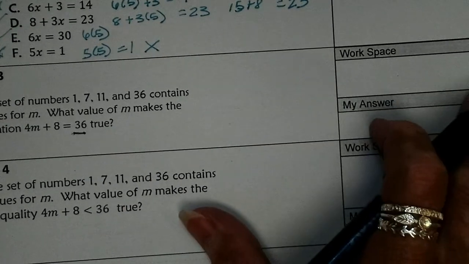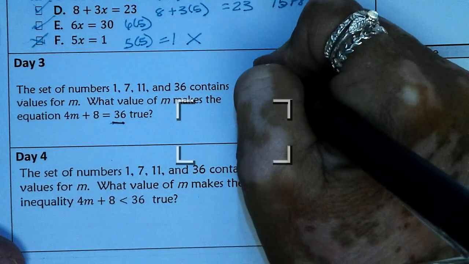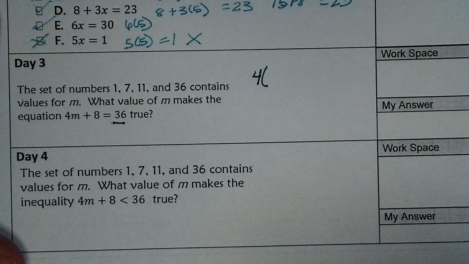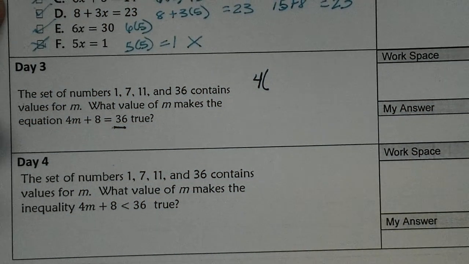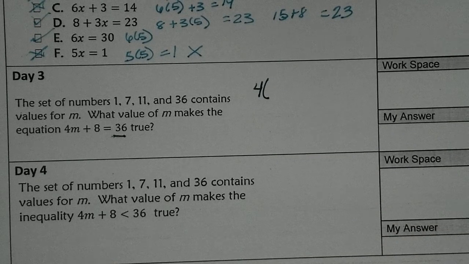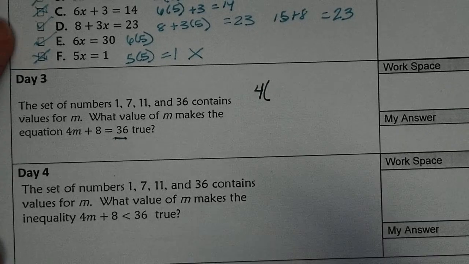I'm thinking 7. Okay, so how would we know? What would we need to do? You'd need to first multiply 1 times 4, which equals 4, 11 times 4, which equals 44, and 7 times 4, which equals 28, plus 8.